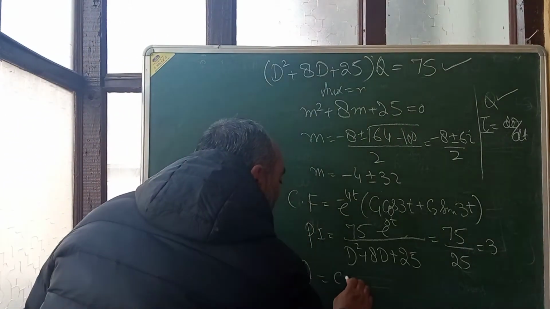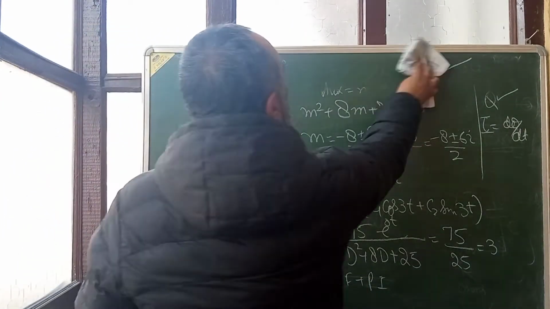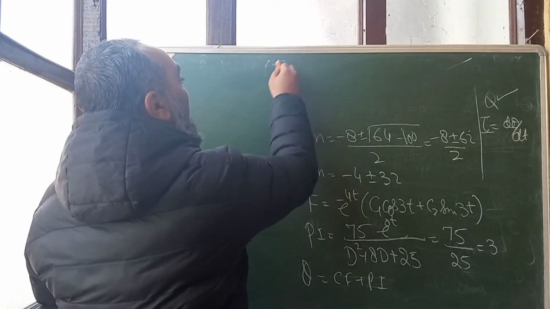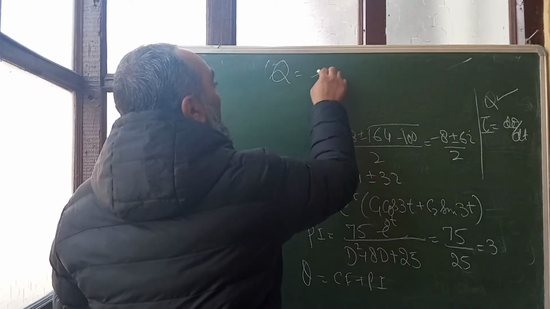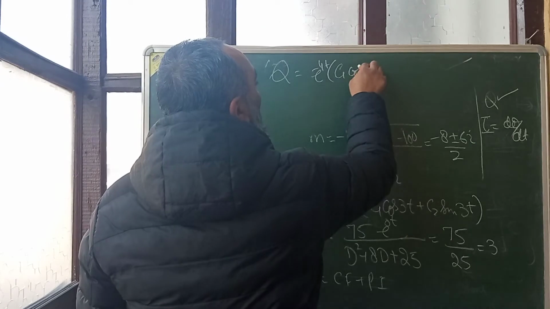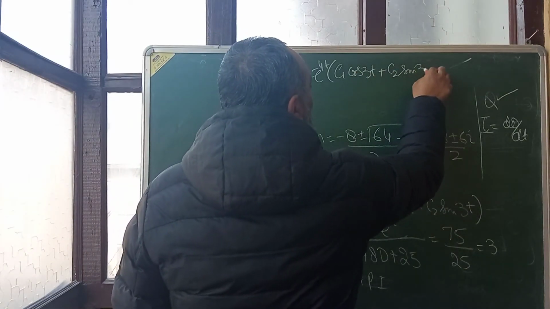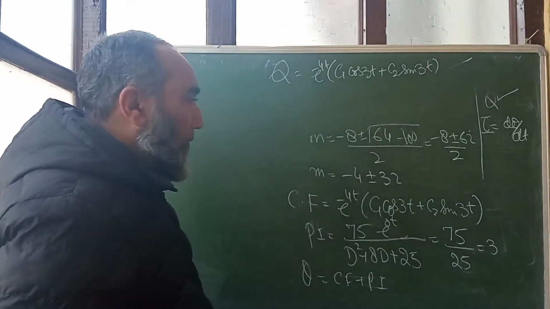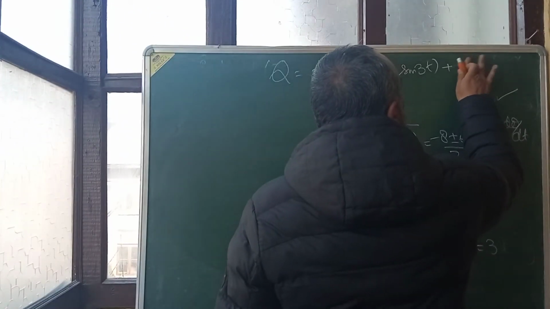So your Q is complementary function plus particular integral. So Q is e to the power minus 4t, C1 cos 3t plus C2 sin 3t, plus the particular integral, which is plus 3.